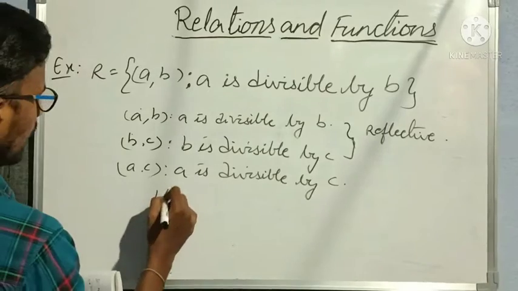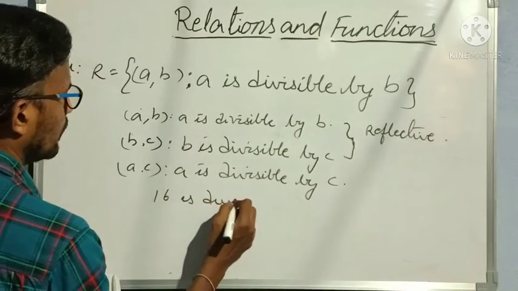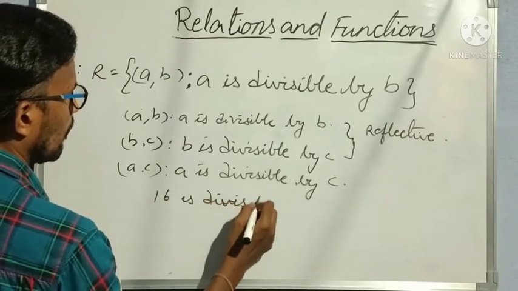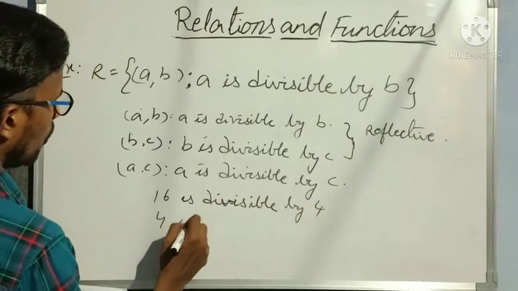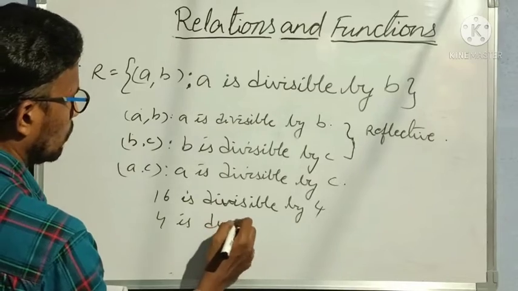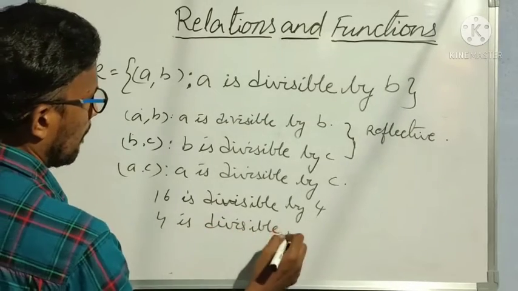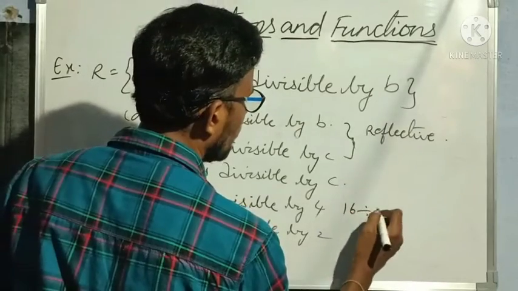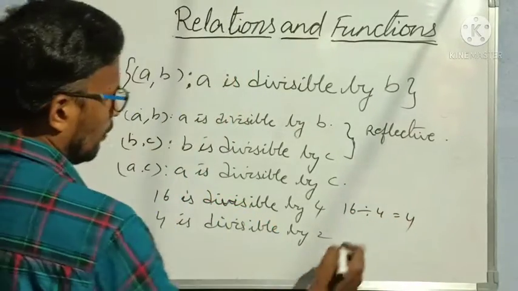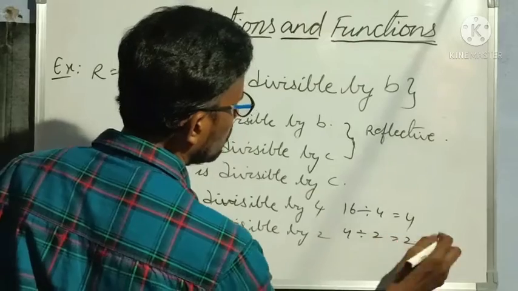Suppose I am taking 16 is divisible by 4. In the same way, 4 is divisible by 2. Correct? 16 divided by 4 is equal to 4. 4 divided by 2 is equal to 2.